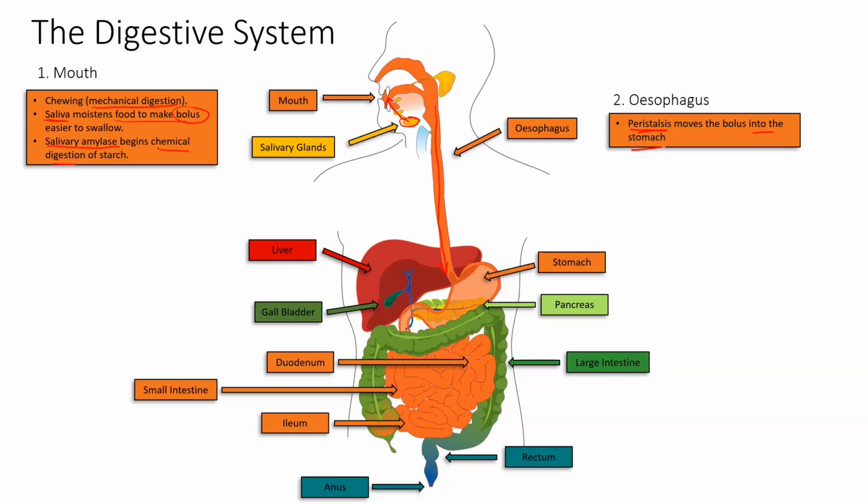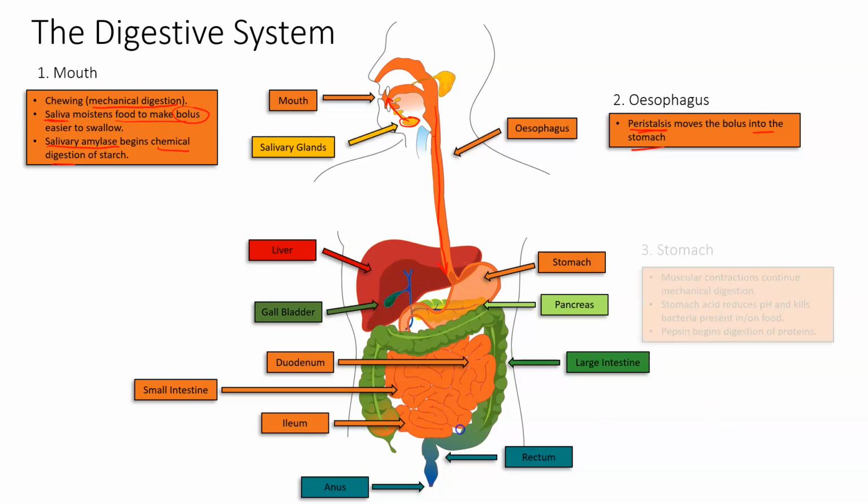Okay, so peristalsis is moving a bolus using longitudinal and circular smooth muscle tissue. We're going to talk a lot more about peristalsis in a little bit, but at this point we need to know that it moves by contracting the smooth and longitudinal muscle slightly behind the bolus on its way to pushing the bolus into the stomach.